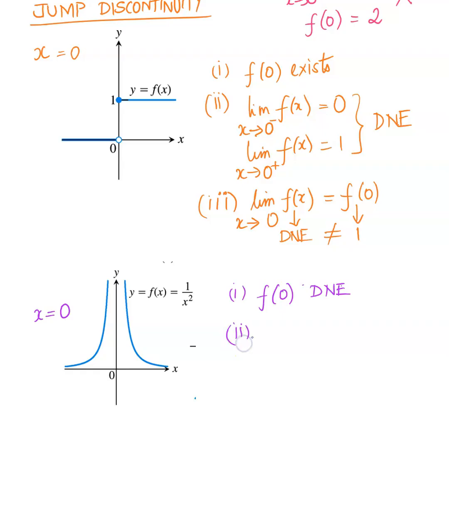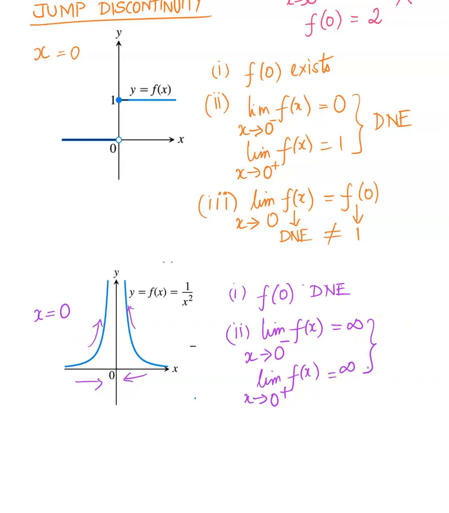But if you went for the second one, you see that the limit of f of x as x approaches 0 from the left, the blue graph actually approaches infinity, right? And the limit of f of x as x approaches 0 from the right also points to infinity.